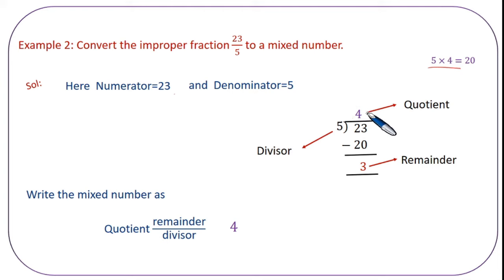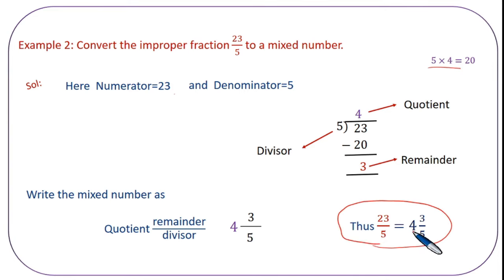Then remainder over divisor: 3 over 5. Finished. Thus 23 over 5 is equal to 4 and 3 over 5. I hope it's clear for you to convert an improper fraction to a mixed fraction.